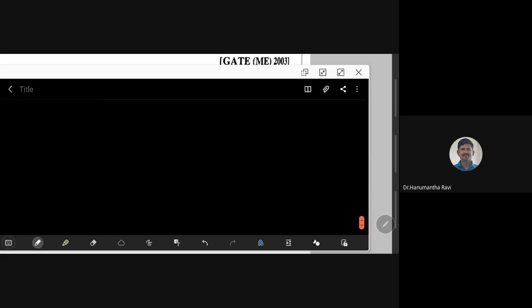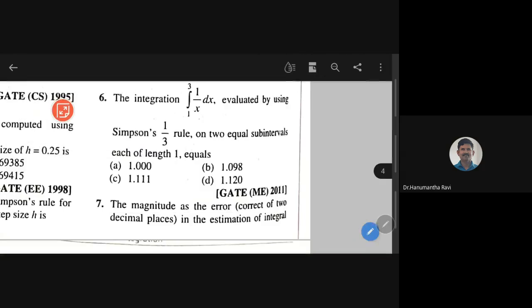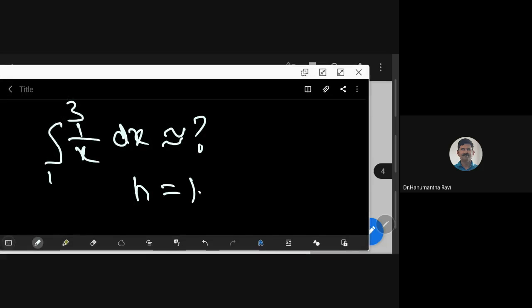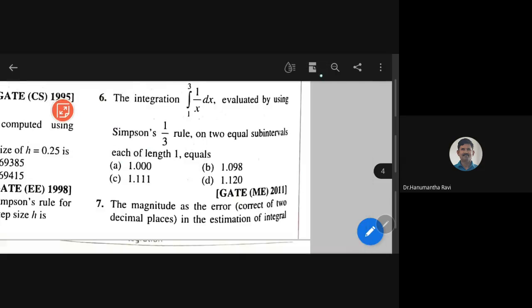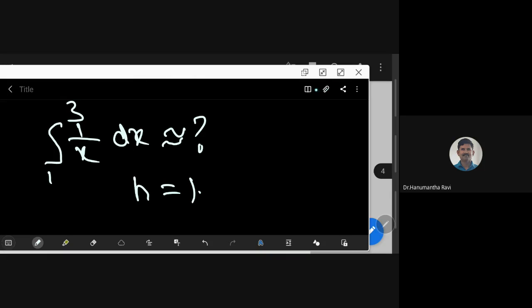So this is integral 1 to 3 of 1 by x dx. This we need to find by the one third rule. So what is h? He is saying h is 1. The subintervals are of length 1. So when h is 1, we need to prepare a table here, like in the previous problem.